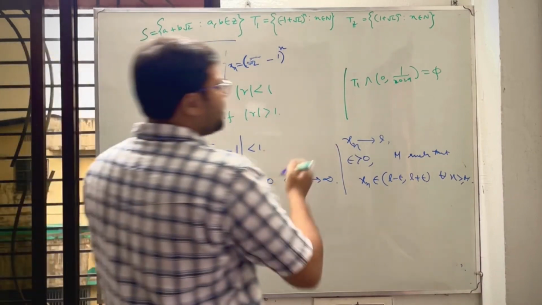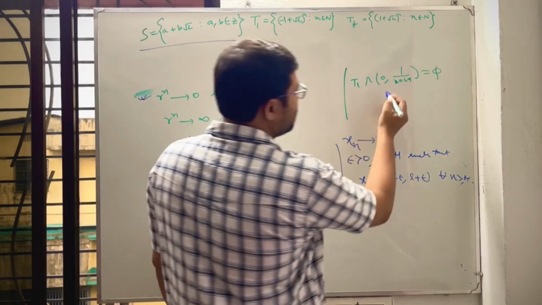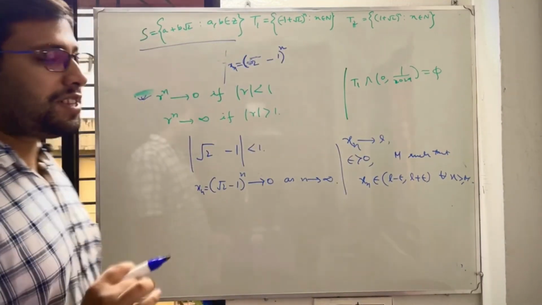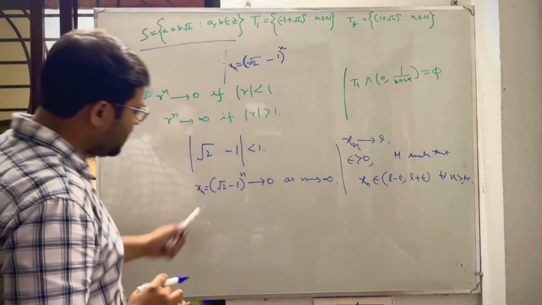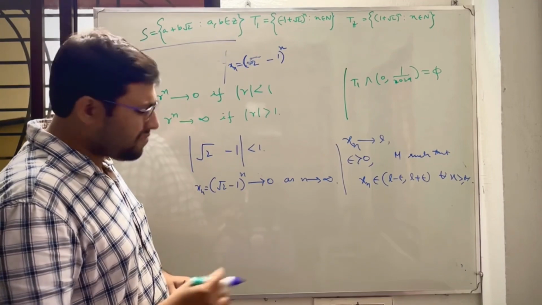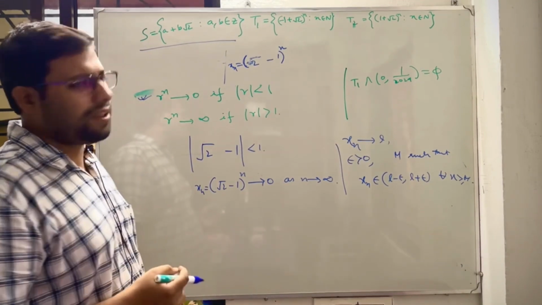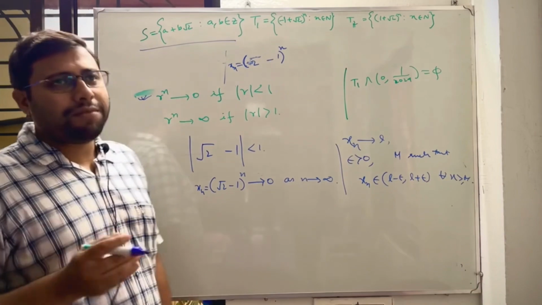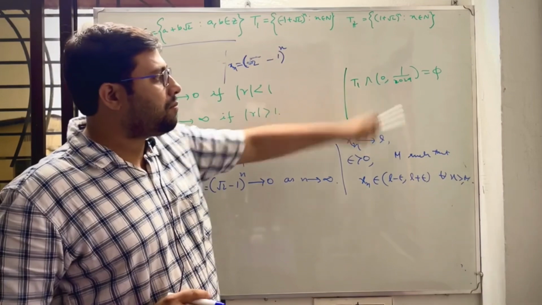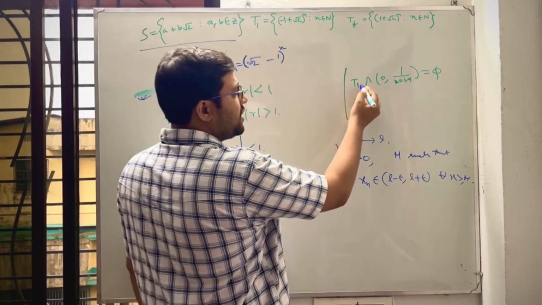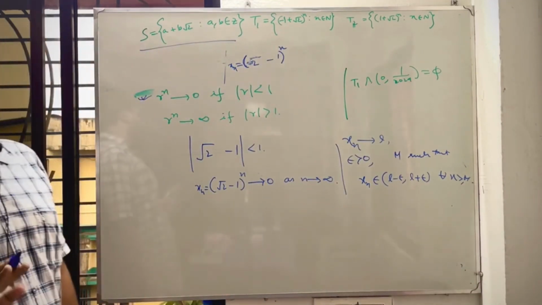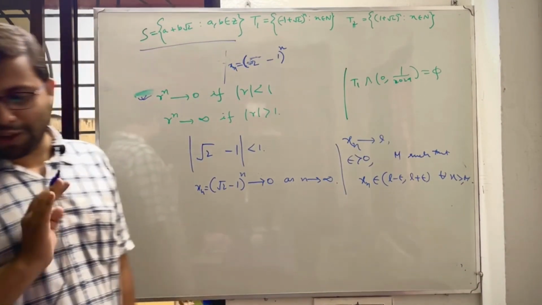Now, option B says that T1 intersection (0, 1/2024) is equal to 5, and this is clearly a contradiction, because this converges to 0 and if we take a very small neighborhood around 0, then we have infinitely many elements of T1 around 0, but it is given that T1 intersection (0, 1/2024) is equal to 5. This cannot be true. So option B is false.